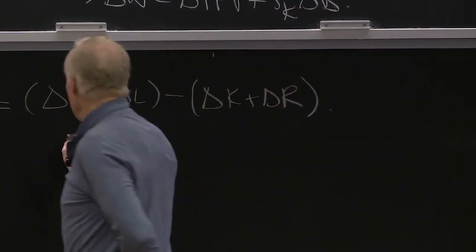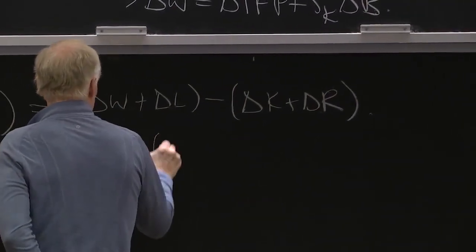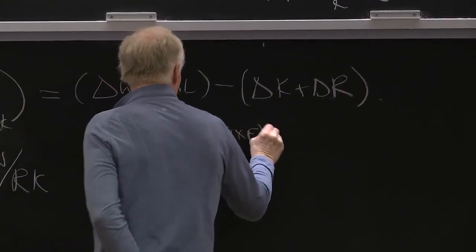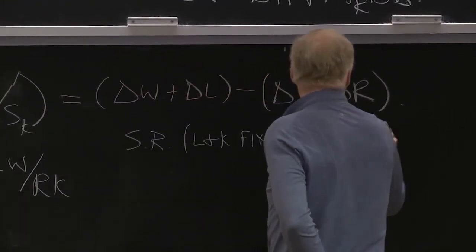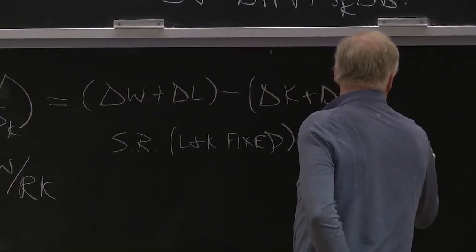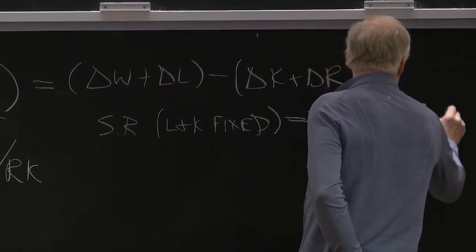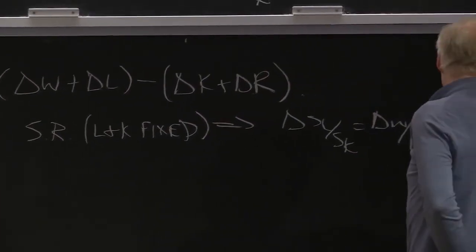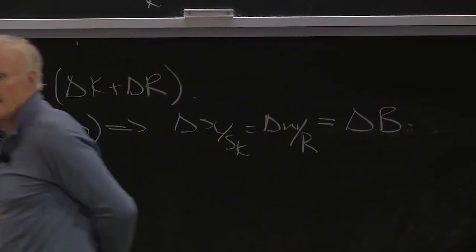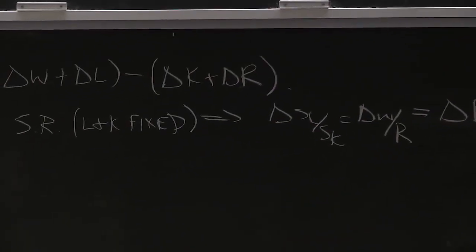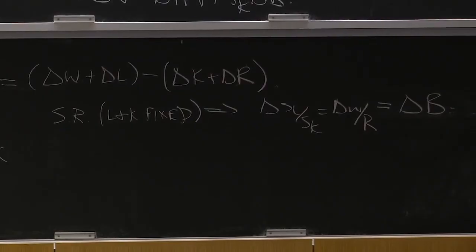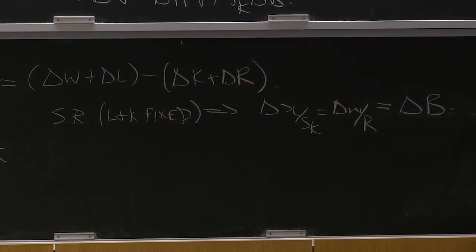So in the short run, which is L and K fixed, this would imply delta SL over SK equals delta W over R equals delta B. All right, so that would be a measure of technological bias in that way, because there would be no substitution between labor and capital in that short run. Okay? If we're holding L and K.